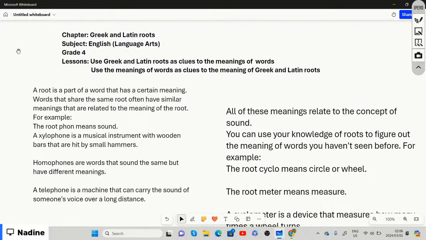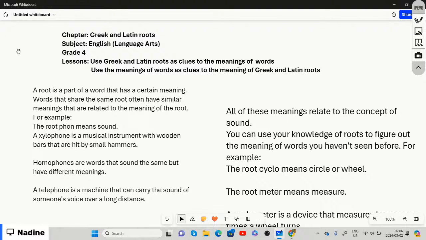So that is going to be our focus today under the chapter of Greek and Latin roots.